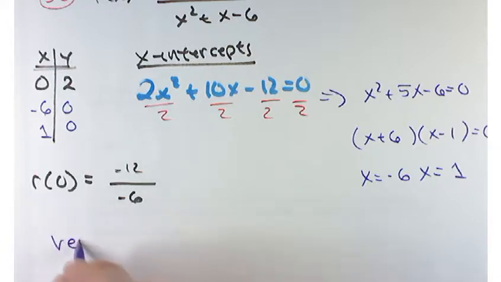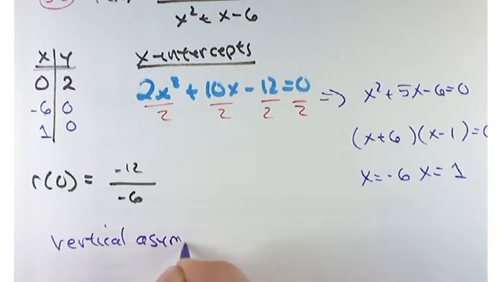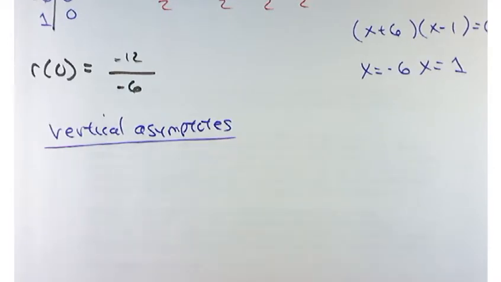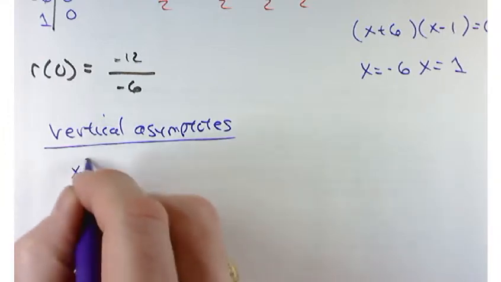So, vertical asymptote. How am I going to find the vertical asymptotes? Set the denominator equals 0. So it's going to be x squared plus x minus 6 equals 0.